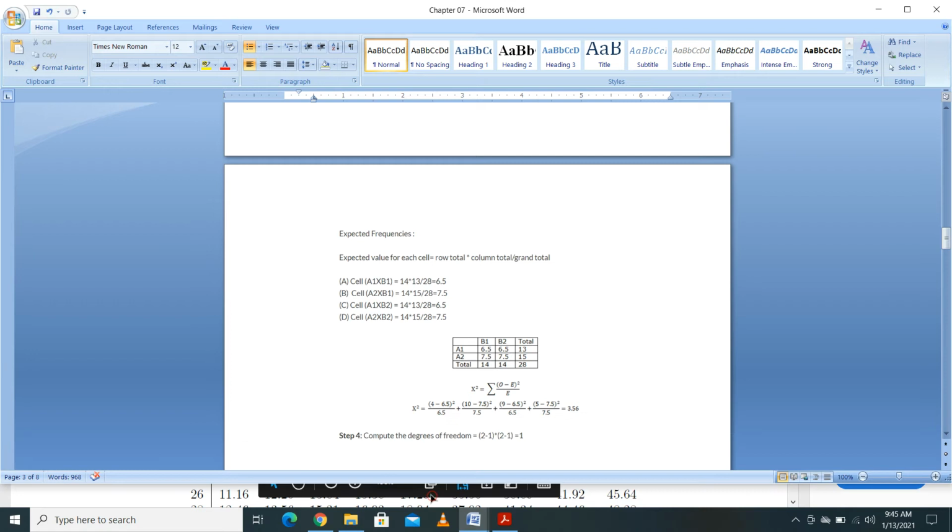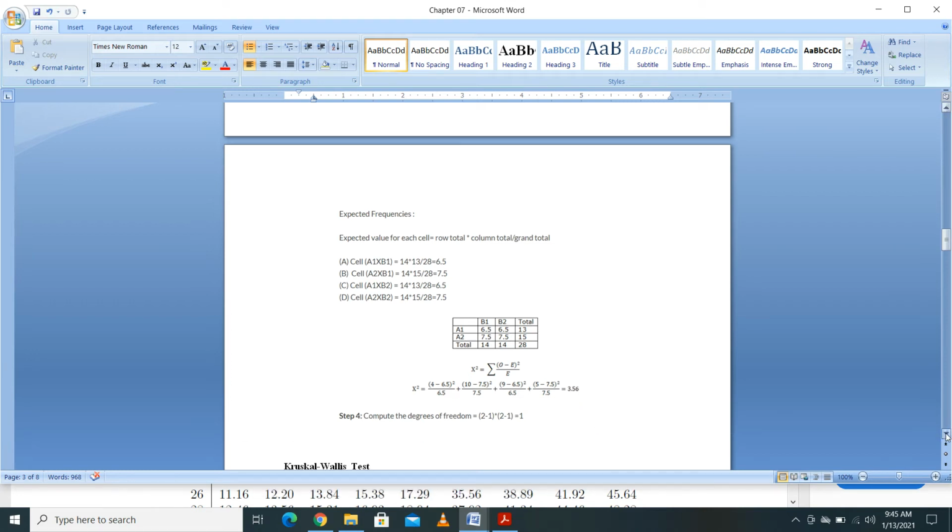So from the table we have 3.84 as the table value, and the calculated test statistic is 3.56. The table value is greater than 3.56. As the decision, we cannot reject. If the calculated value is greater than the table value, you can reject H0.